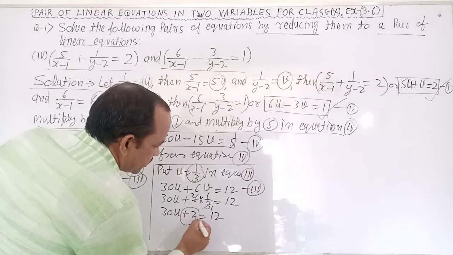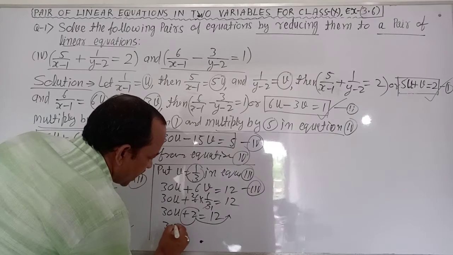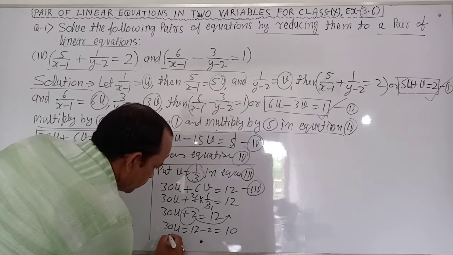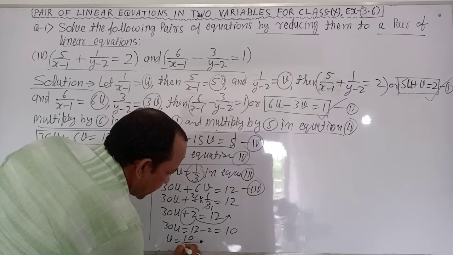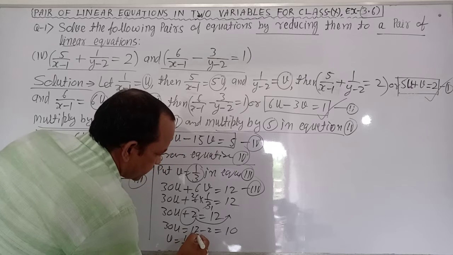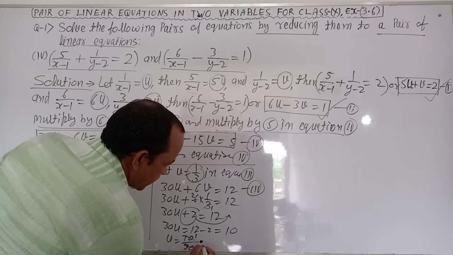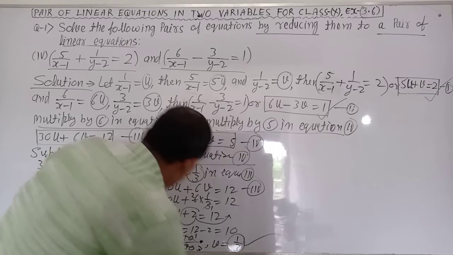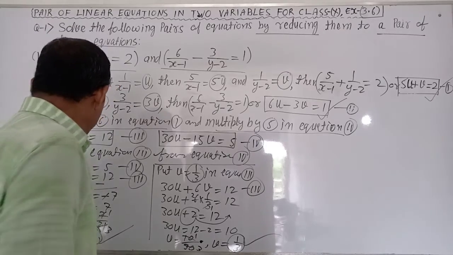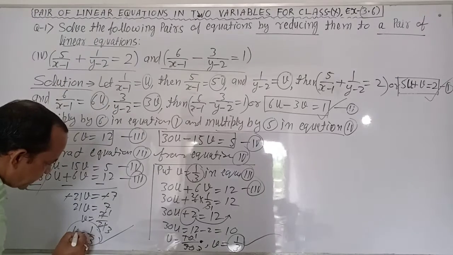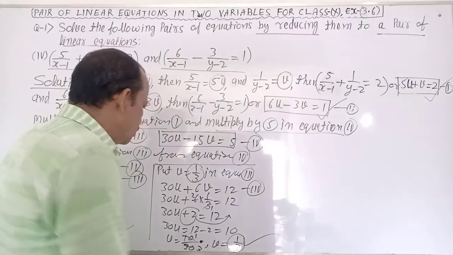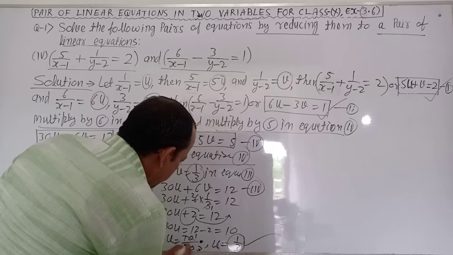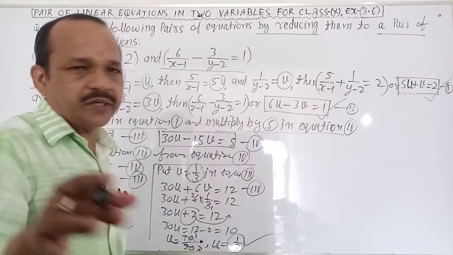You write 2 on the right side. It becomes 30u equal to 12 minus 2 equal to 10. u equal to 10 by 30. You can cut 10 1 ja, 10 3 ja. You find u equal to 1 by 3 and v equal to 1 by 3. Both are same.